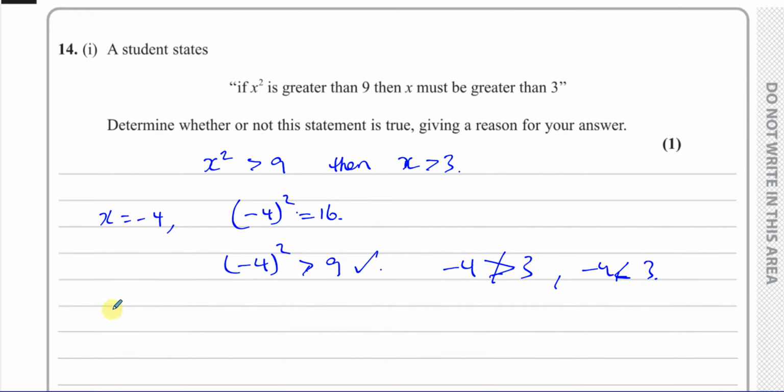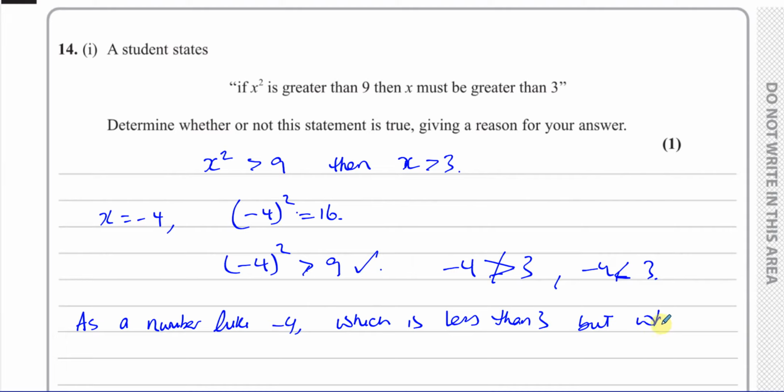So we can say that a number like negative 4, which is less than 3, but when squared is greater than 9, therefore the statement is false.